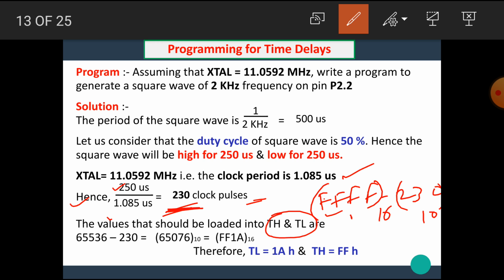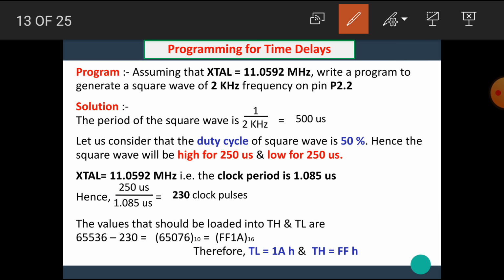Hence we have to convert FFFF into decimal, and its decimal equivalent is 65,536. We subtract these clock pulses from this, and we get the answer 65,306. Convert it into hexadecimal. Its equivalent hexadecimal is FF1A.